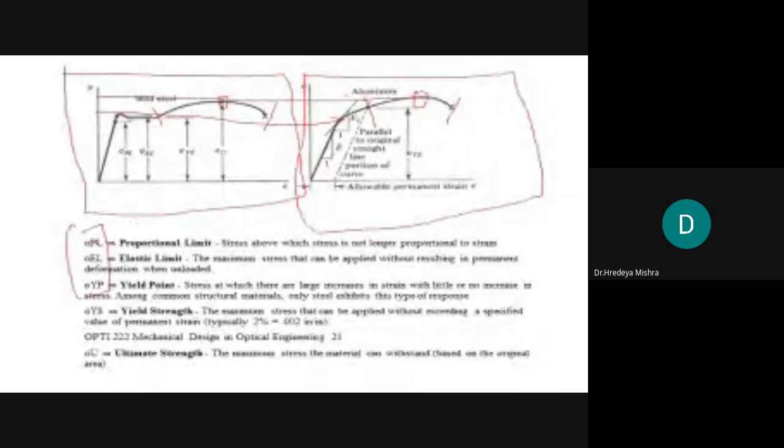So here we discuss all these things. Sigma PL, proportional limit, the stress above which stress is no longer proportional to the strain. Sigma EL, elastic limit. Sigma YS, yield point. Sigma U, ultimate.